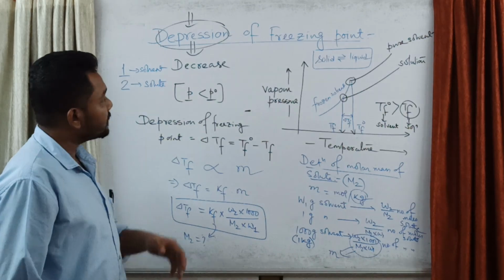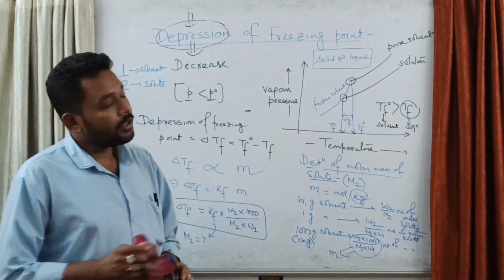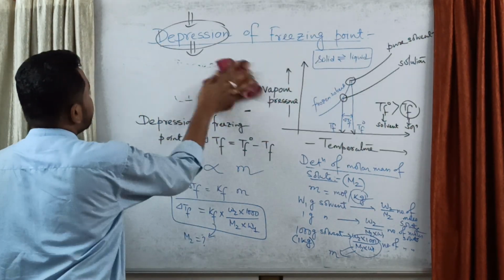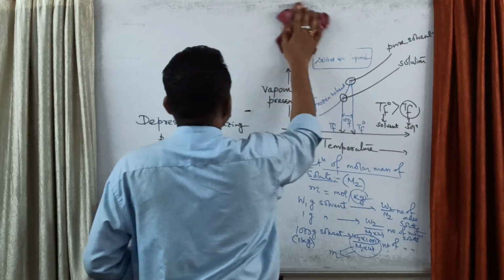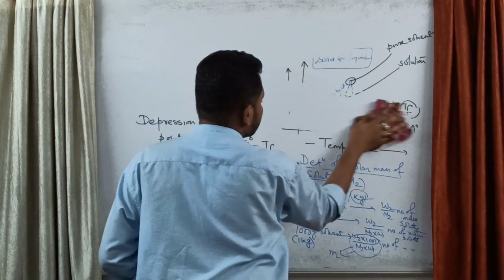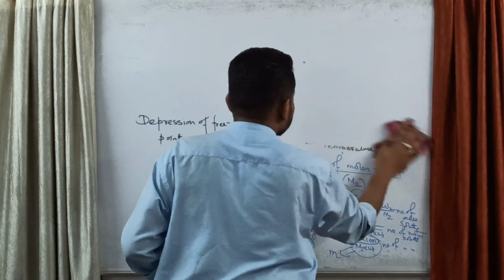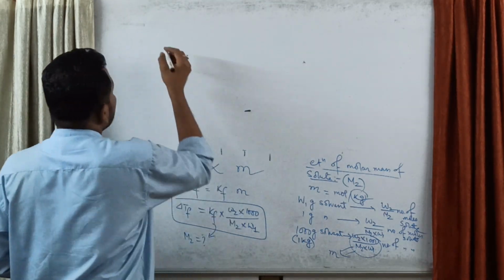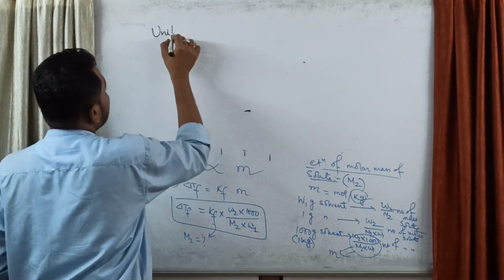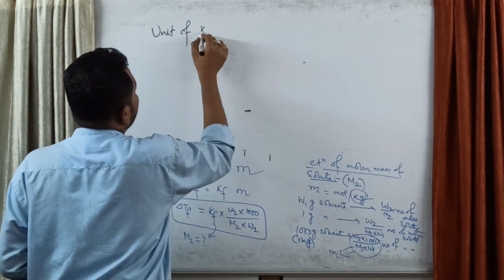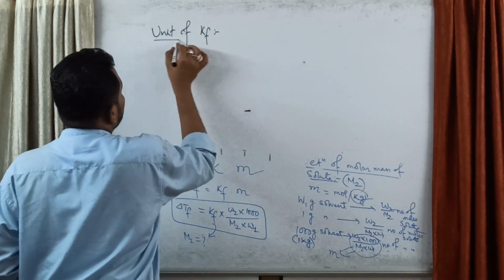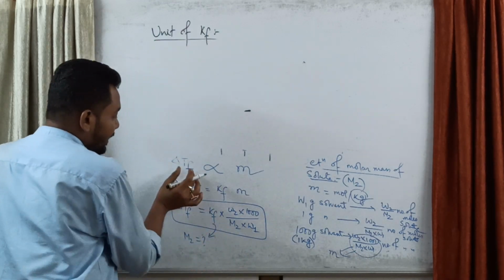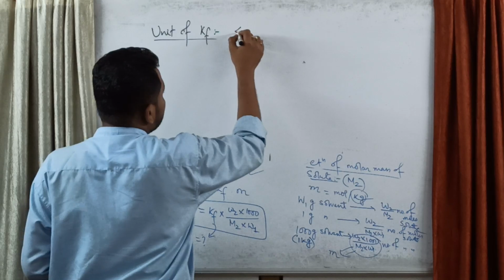Clear? Next make a heading, unit of Kf. Write down unit of Kf. So you can see delta TF equals Kf into m.